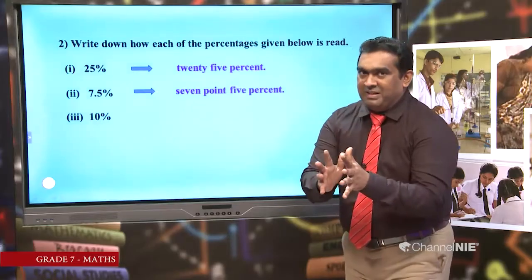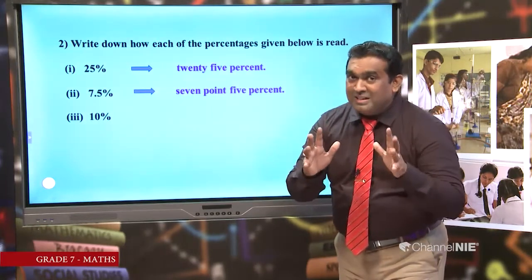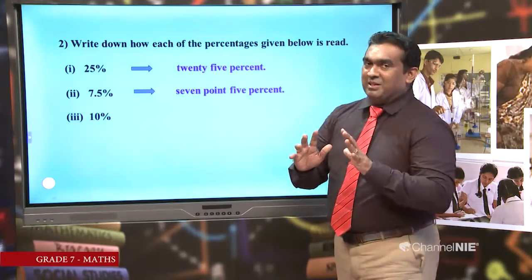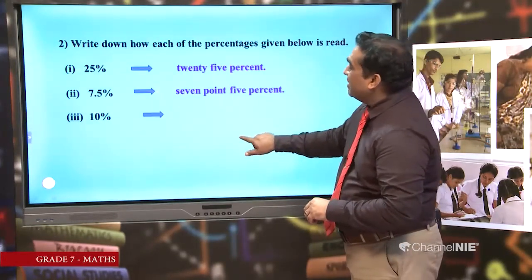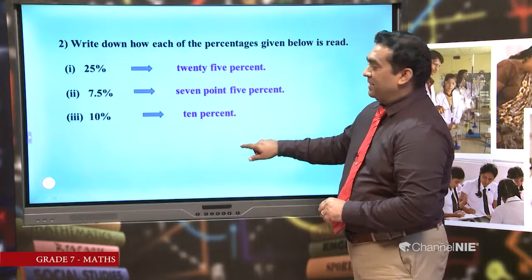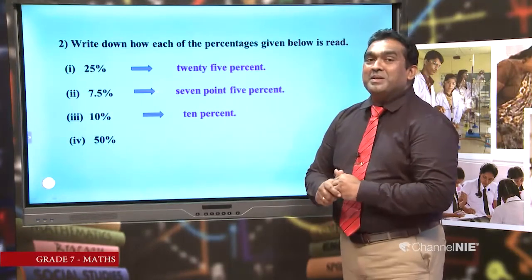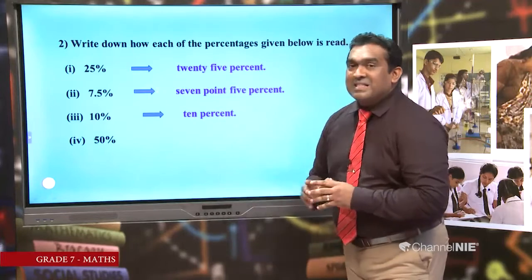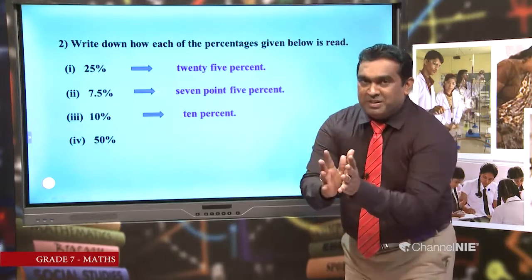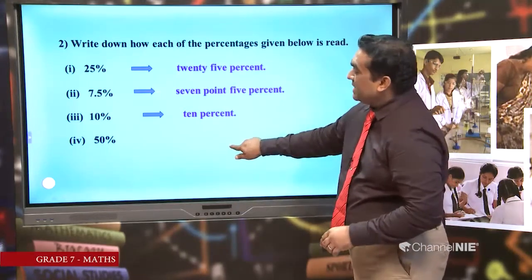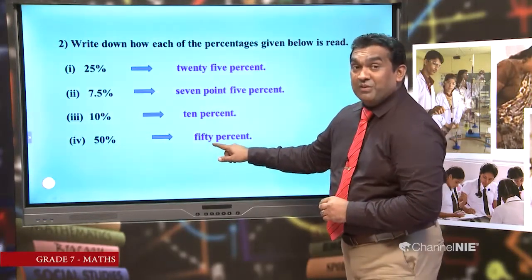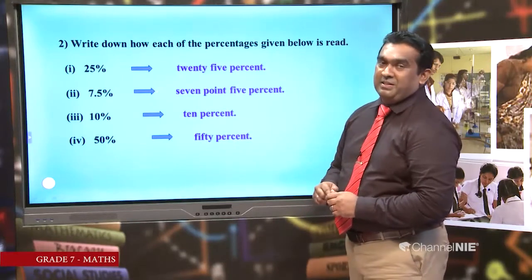First the number, then the symbol. Don't forget it. Number is 10, symbol is percent, 10%. Next one, the number is 50, then the percentage symbol. How to read it? Number and the percentage. The number is 50, then 50%.